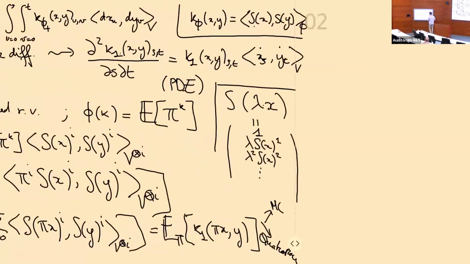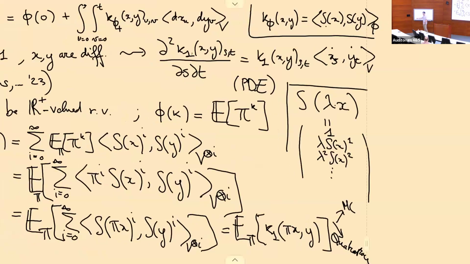This last equality here: if you do this manipulation and you use the fact that the signature of a path rescaled by lambda is equal to the original signature where each level is rescaled by lambda to the power of the level, then you can put the pi to the i inside the signature.